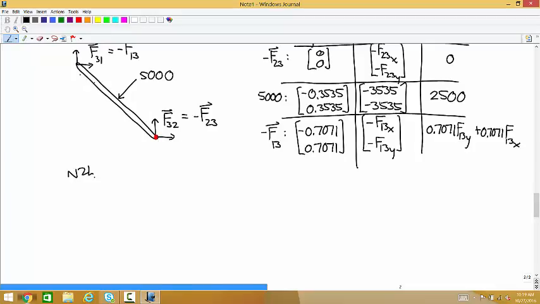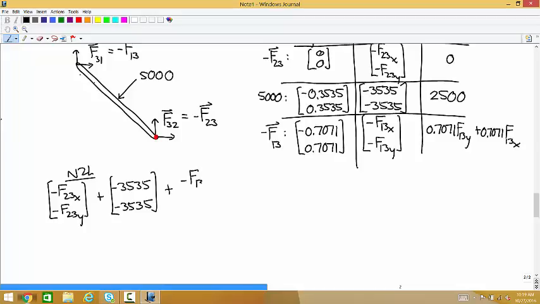So Newton's second law says negative f(2,3)x, negative f(2,3)y plus negative 3535, negative 3535 plus negative f(1,3)x, negative f(1,3)y, with zeros.